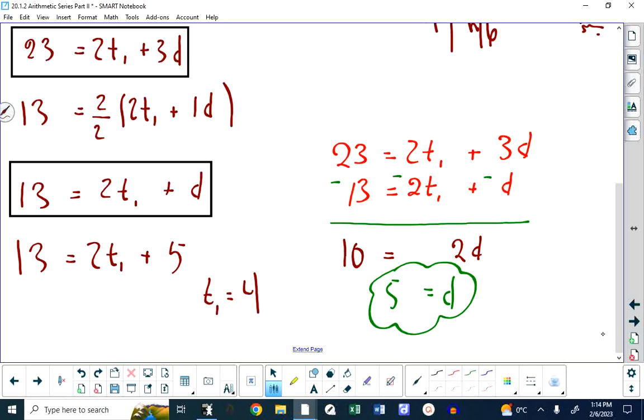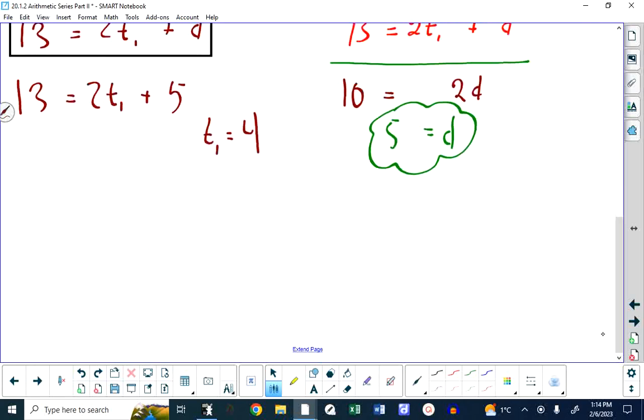Now you know everything. Does this question say find the first 6 terms and the sum of the first 6 terms? Okay. Well, at some point, you have to say, geez, do I have to use a formula for this? I mean, what are the first 6 terms? The first term's 4, the common difference is 5. Just keep adding 5 and you'll have the terms. Need one more, I guess? Are we in agreement?